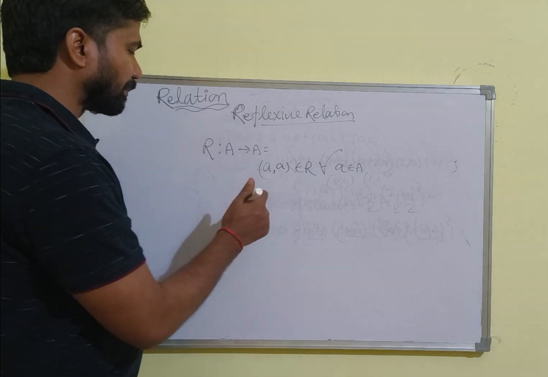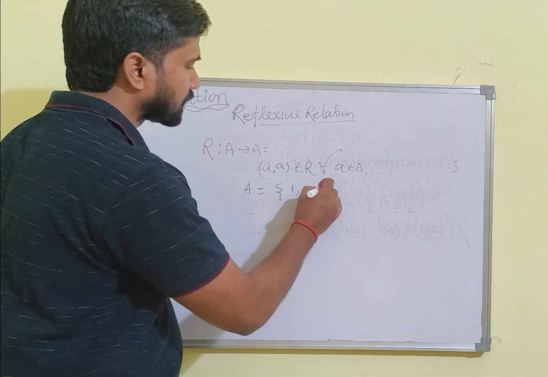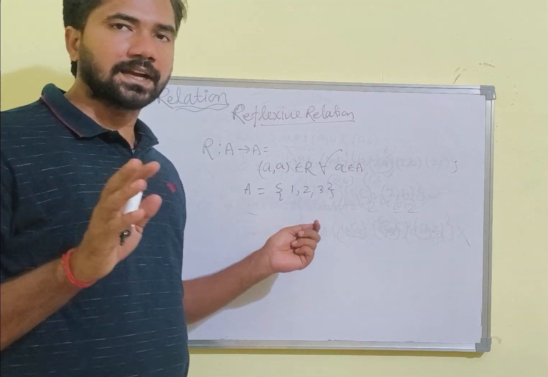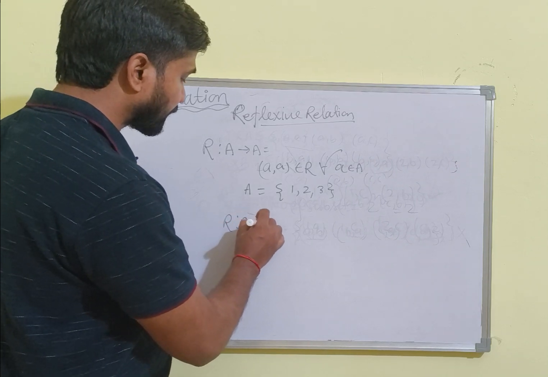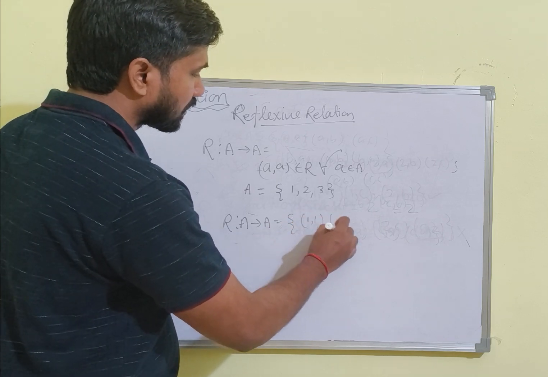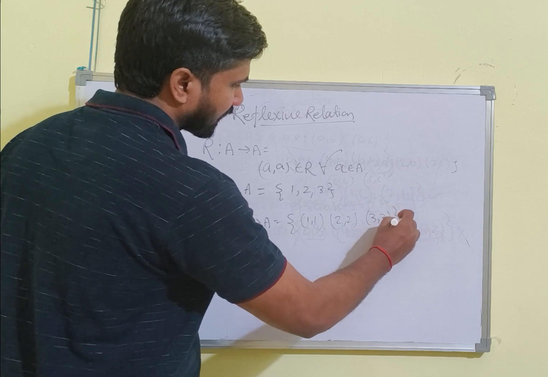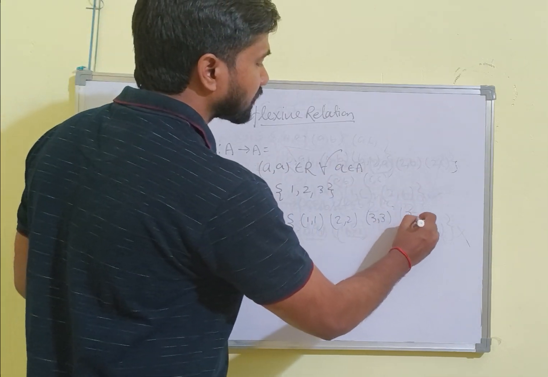Let's see one example. Let A be the set {1, 2, 3}. So A cross A, how many elements will come? 3 into 3, 9 elements. So if you are writing a relation R from A to A, then we write (1, 1), (2, 2), (3, 3). Or we can write some more also, (2, 3) also will come.